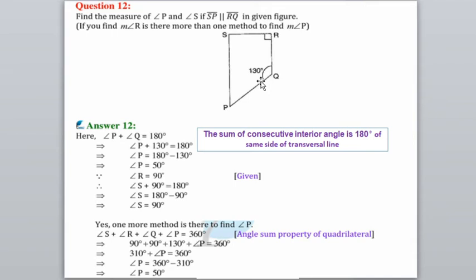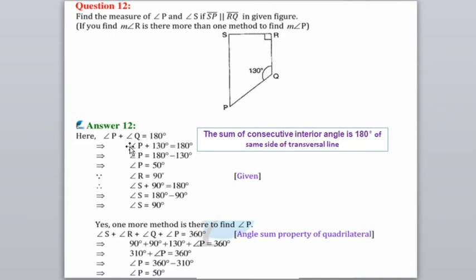Just now I explained to you in an earlier question, that the sum of consecutive interior angles is 180 degrees on the same side of a transversal line. Why? Because it is given that these two sides are parallel.